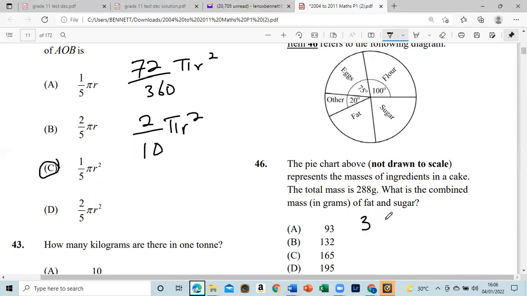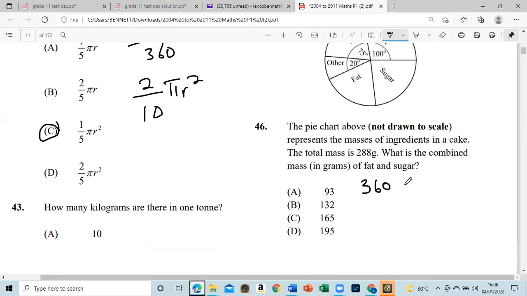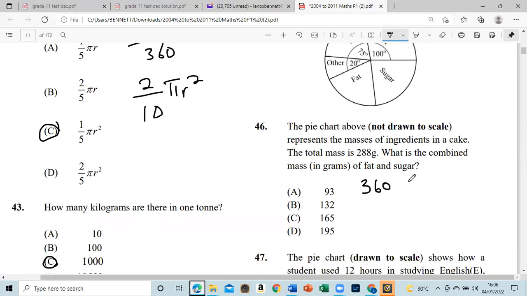Could I do it the other way? Could I use the 195 over 360 times the 288, but then you have to subtract it out. So it's 360 degrees because the circle measures 360 degrees minus 195.